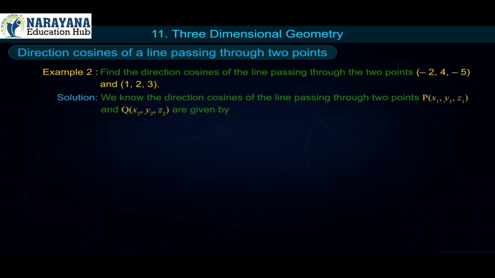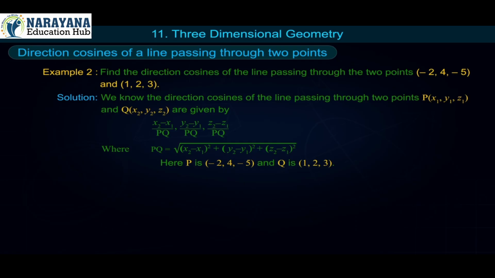We know the direction cosines of the line passing through 2 points P(x1, y1, z1) and Q(x2, y2, z2) are given by (x2 minus x1) upon PQ, (y2 minus y1) upon PQ, (z2 minus z1) upon PQ, where PQ is equal to square root of (x2 minus x1) whole square plus (y2 minus y1) whole square plus (z2 minus z1) whole square.